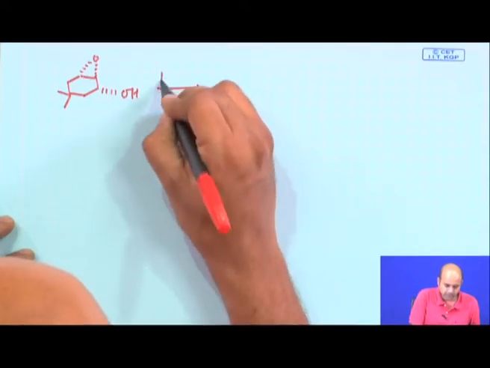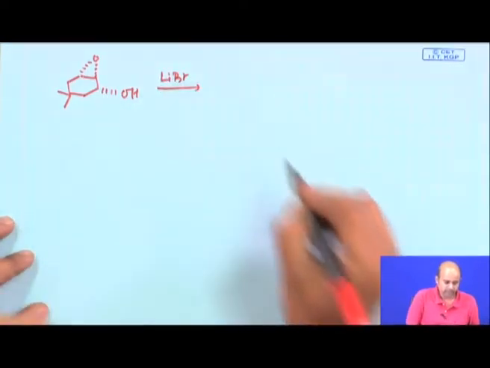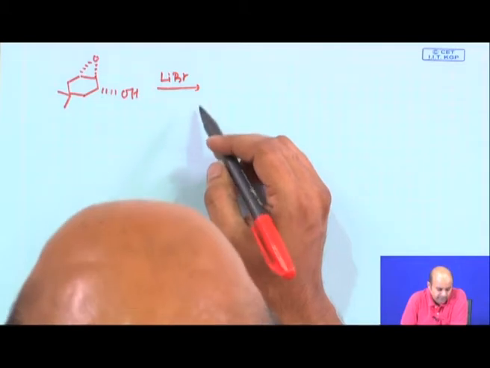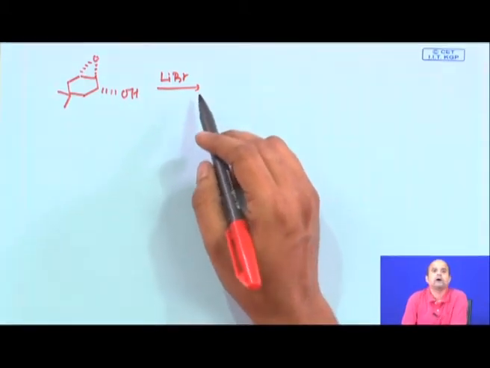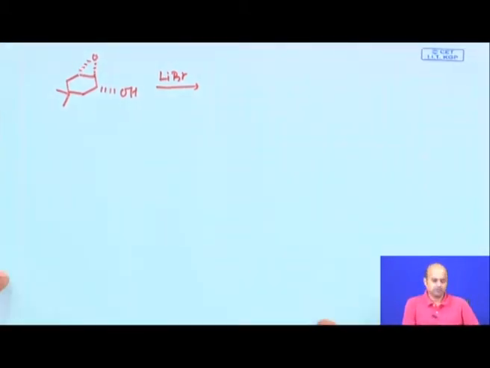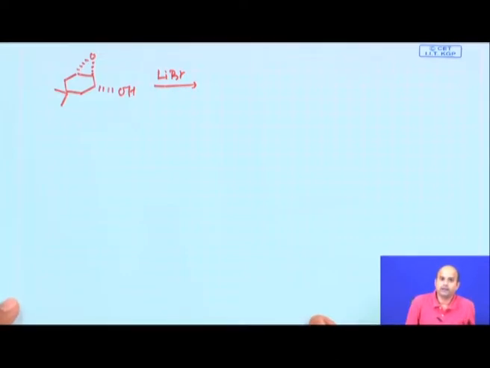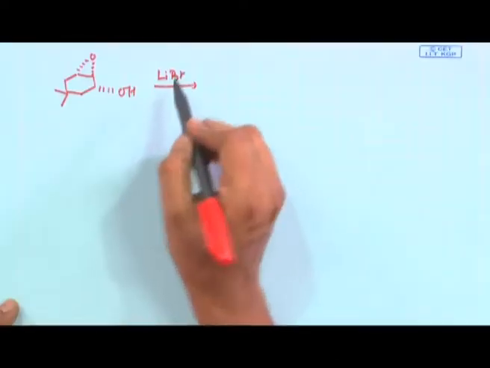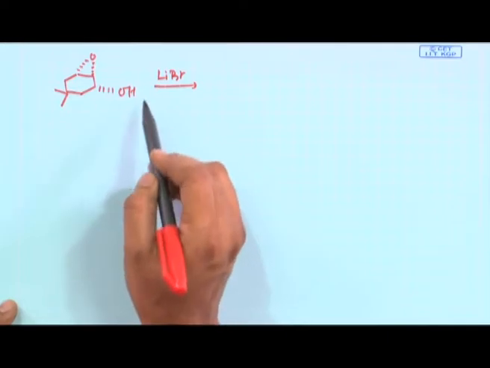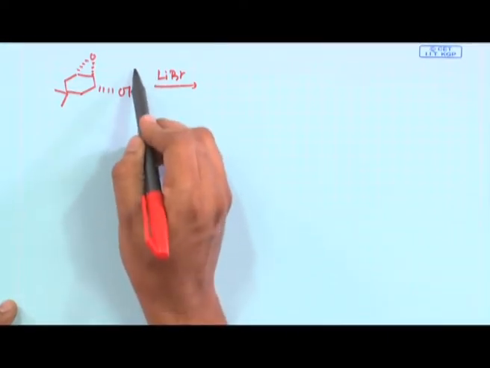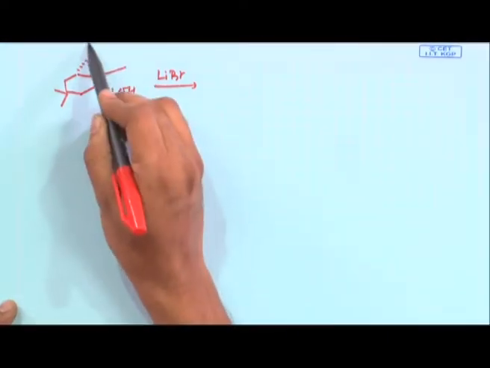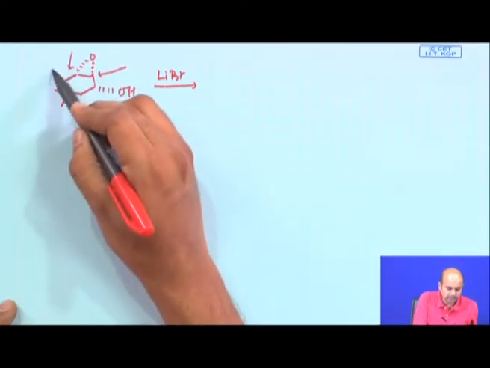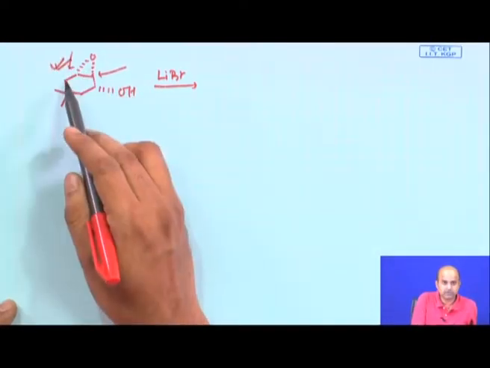Next step is lithium bromide opening. Now, lithium bromide is a nucleophile. It can attack the epoxide through an anti transition state. Now, Br minus is a nucleophile and it will try to attack either from this side or this side. This side attack is much more facile because it is sterically less crowded.